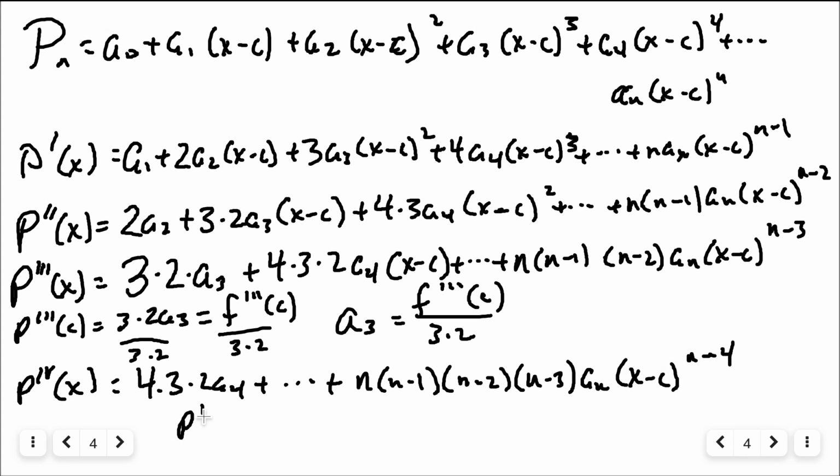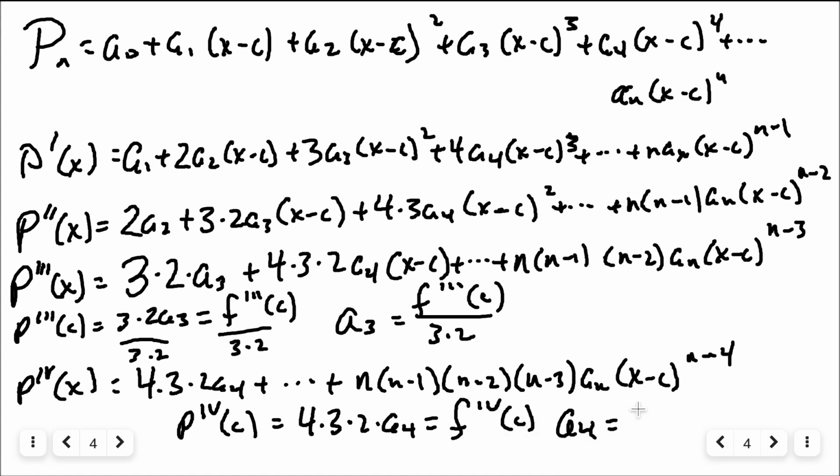And then the fourth derivative evaluated at c would be 4 times 3 times 2 times a4. And then all these terms would drop out afterwards because they'll all still have an x minus c in it, and I'm substituting c in. That would be equal to the fourth derivative evaluated at c, which means a4 would be the fourth derivative evaluated at c over 4 times 3 times 2.